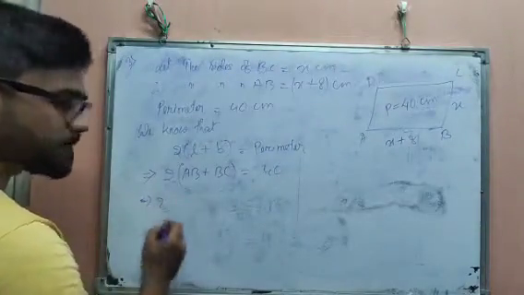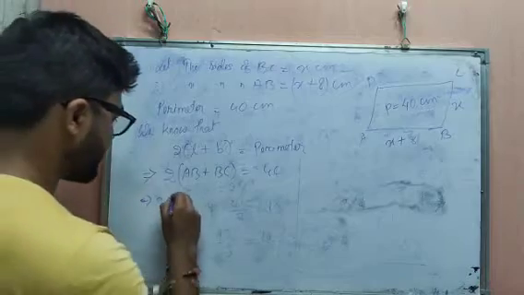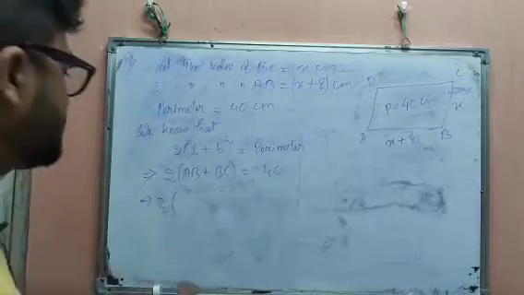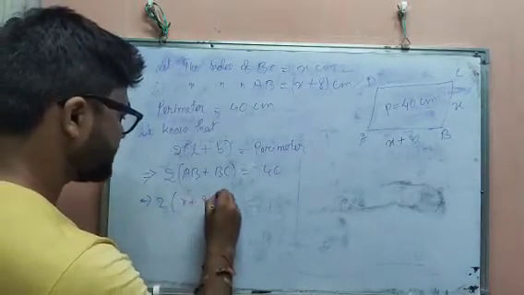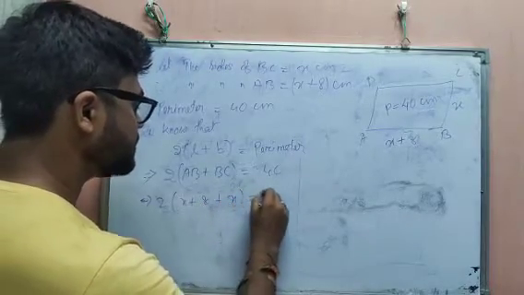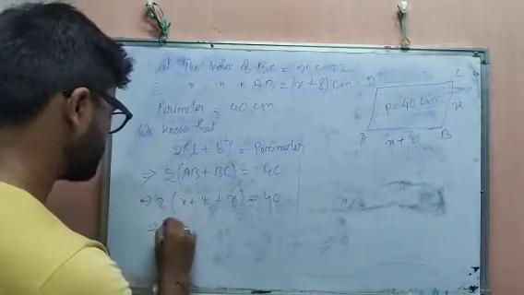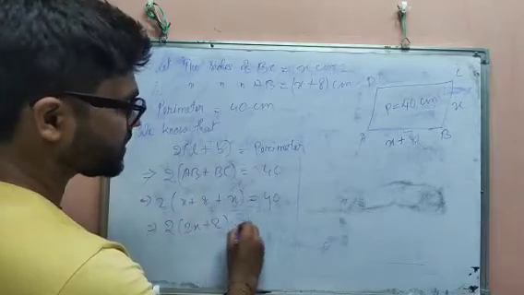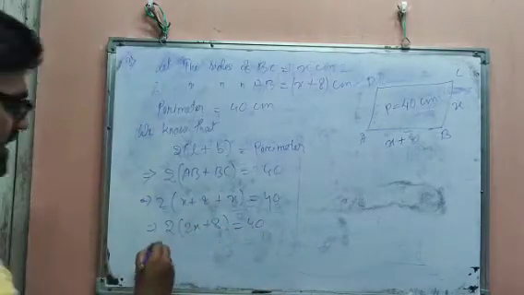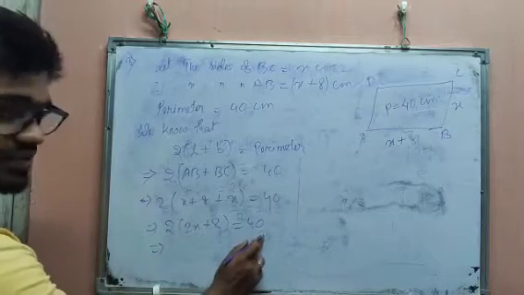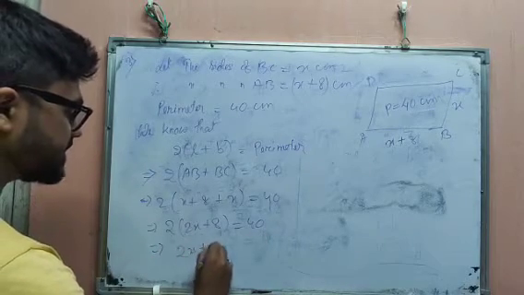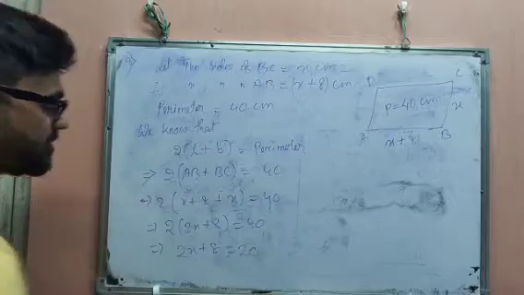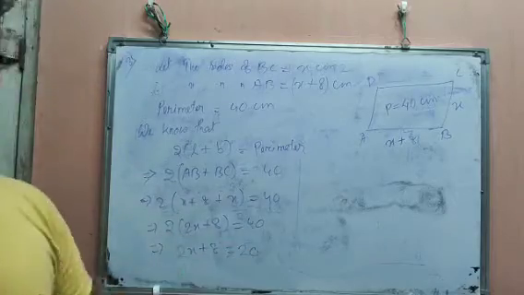So L value, sorry, AB value will be x plus 8, plus x equal to 40. So 2 into x plus x, 2x plus 8 equal to 40. Or simply do the calculation, 2 goes to this side, so 20 will be the right side, because 2 is going to that side.